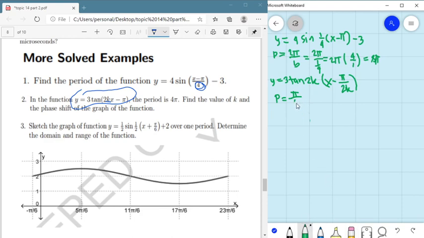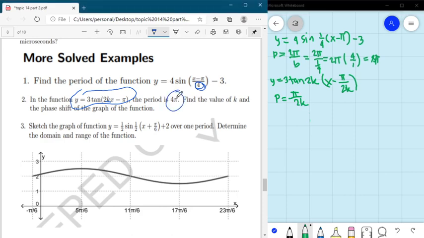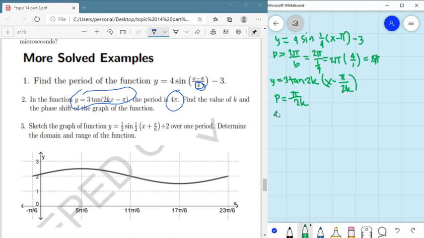P is equal to pi over 2k. And since we are given that the period is equal to 4 pi, we are going to replace the P with 4 pi is equal to pi over 2k in order to solve for the 2k.